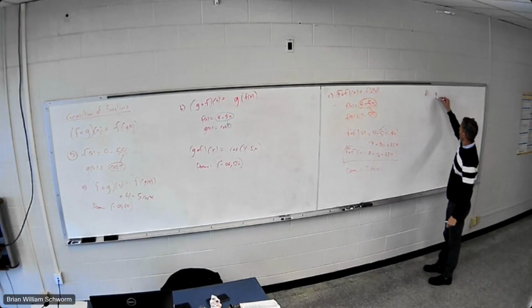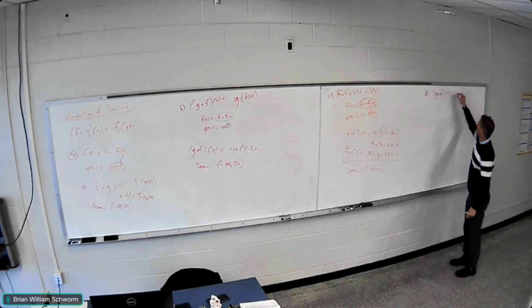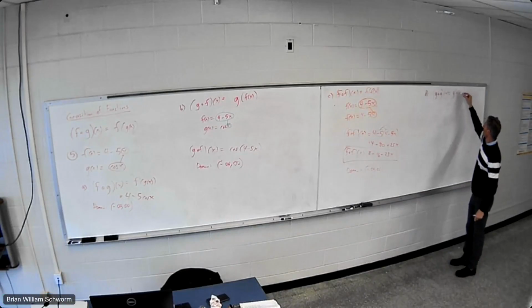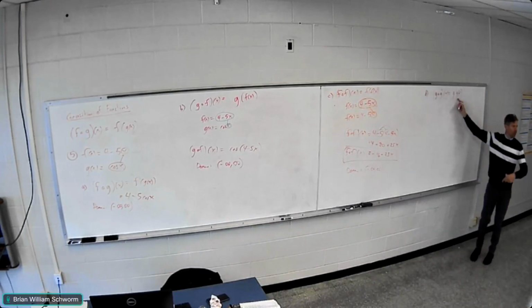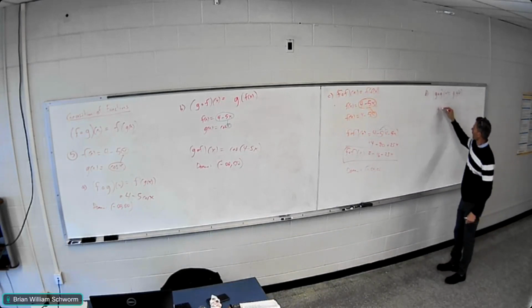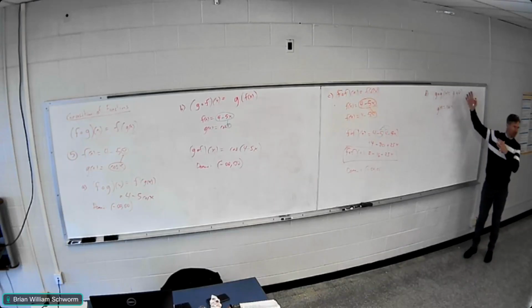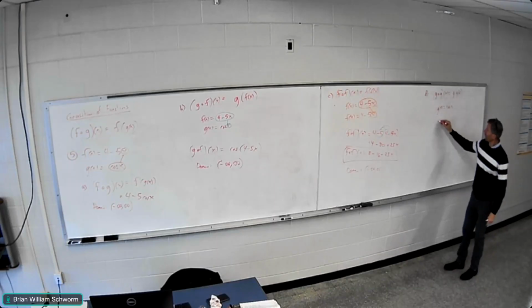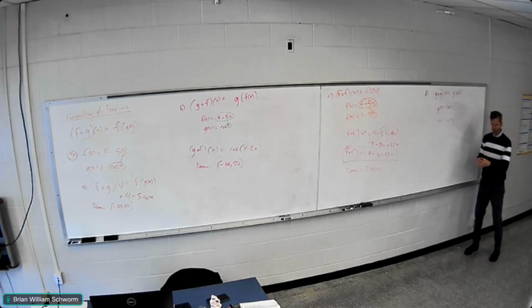Last part, G composed with G. That means G of G of x. Take the G function, plug it into the G function. So the G function has a formula, cosine of x. Since I'm taking G and plugging it into G again, I'm going to write it down twice, just to make it easier to visualize.